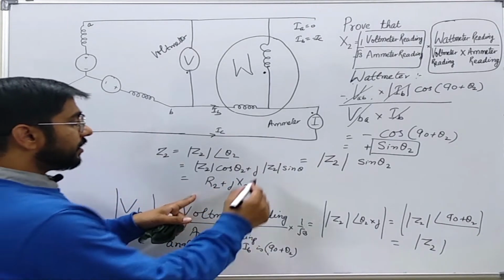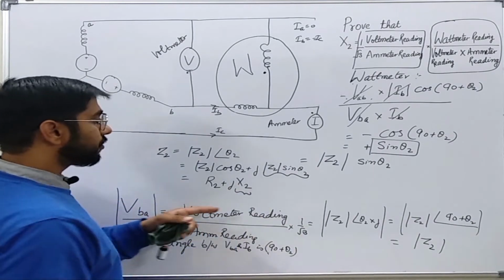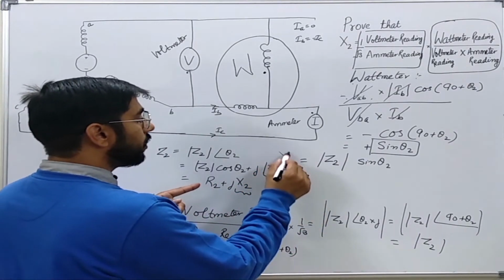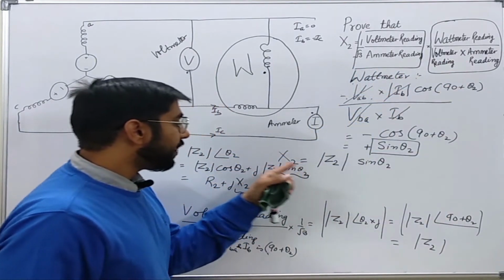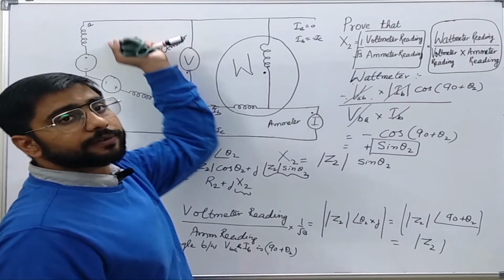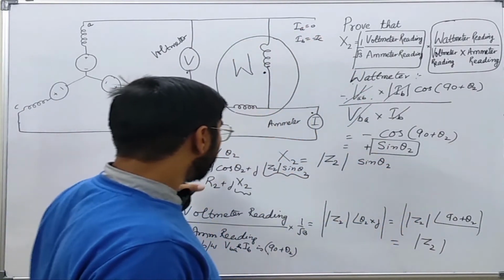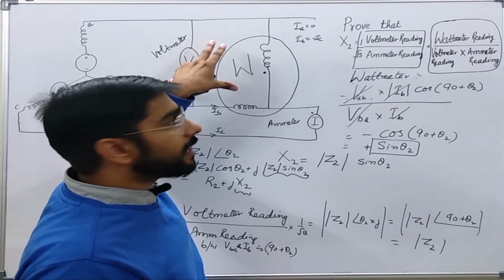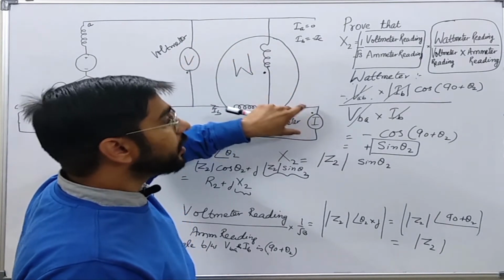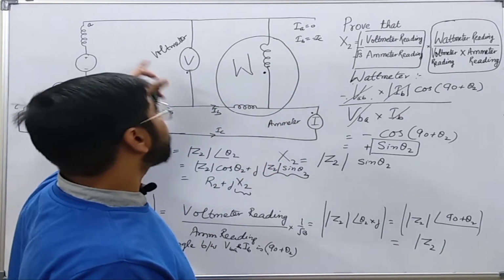So this Z2 sine theta 2 is nothing but X2 here. In this way I have proved that this thing is going to give me X2, that is the negative sequence reactance of this synchronous machine. In this way we have proved that this apparatus or this experiment, even if I run it in steady state after the fault, is going to give me the negative sequence reactance of the synchronous machine.